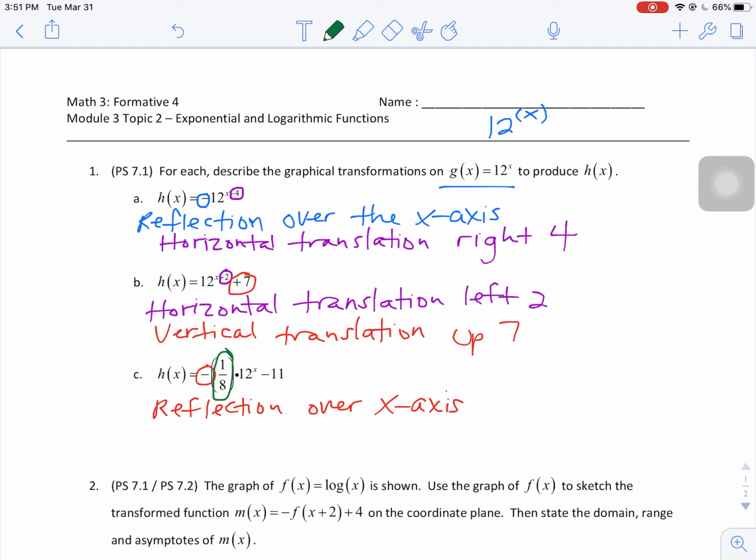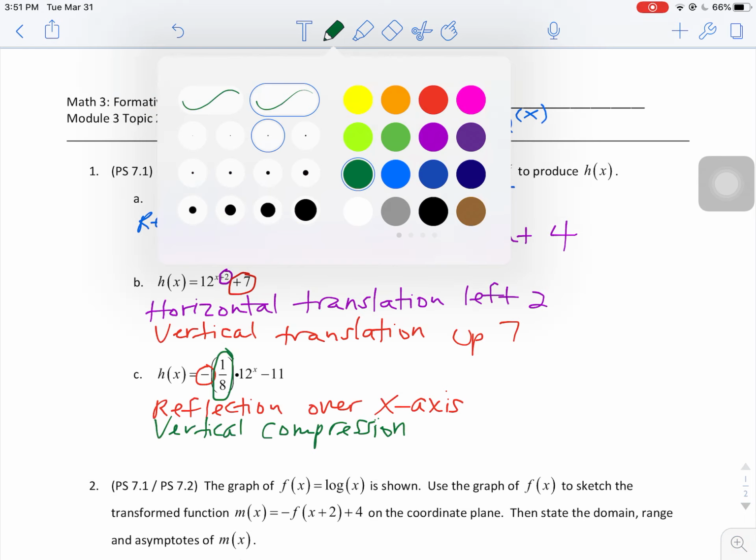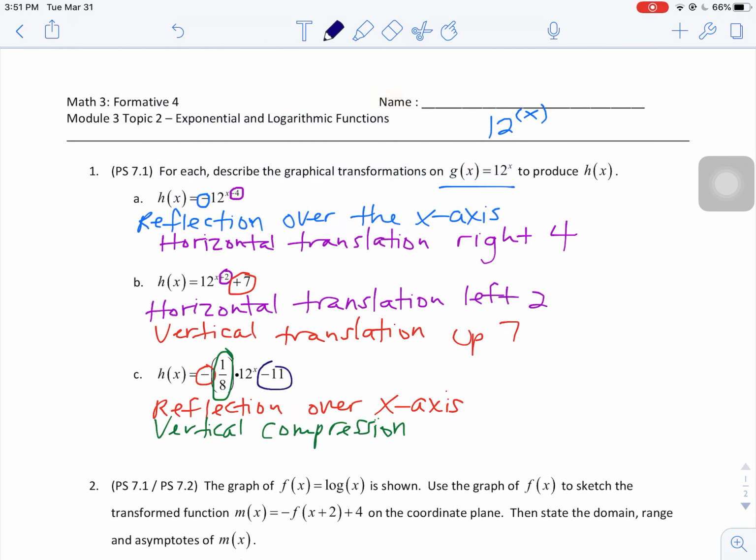If the a value is in between 0 and 1, that's a vertical compression. So 1/8 is in between 0 and 1, so that would be a vertical compression. And then in the back there, that -11 is a vertical translation down 11.